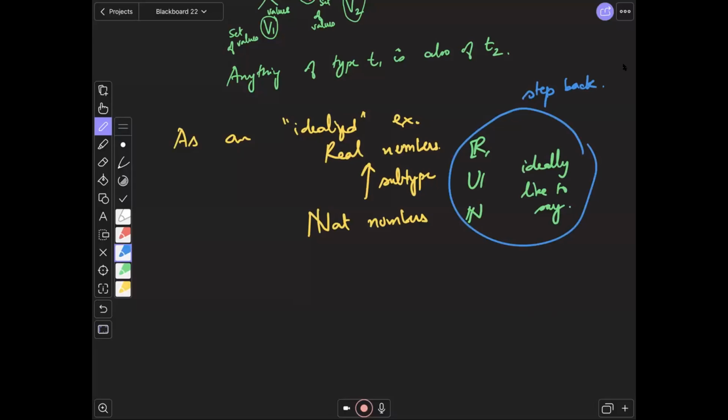But let's talk about this. V1 in this case, to answer Laura's question, would be the set of natural numbers, and V2 in this case would be the set of real numbers, and obviously natural numbers are a subset of real numbers. Is that okay? Good so far, Laura?